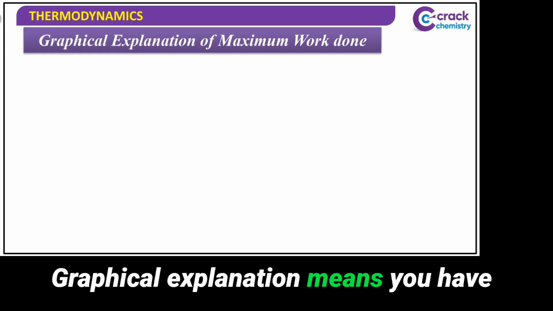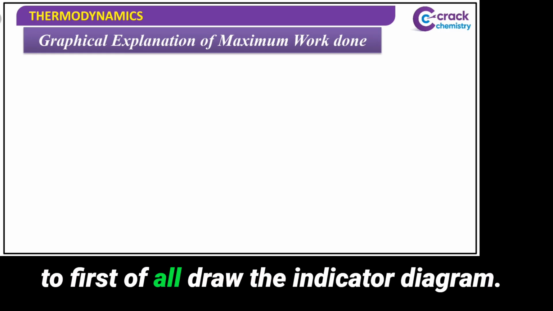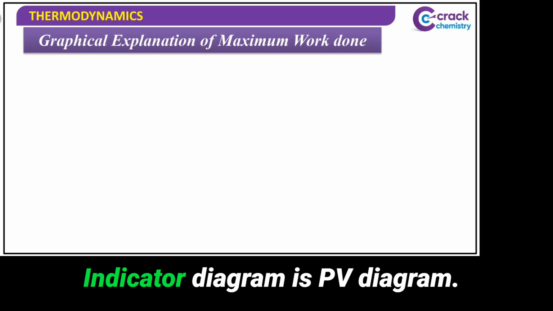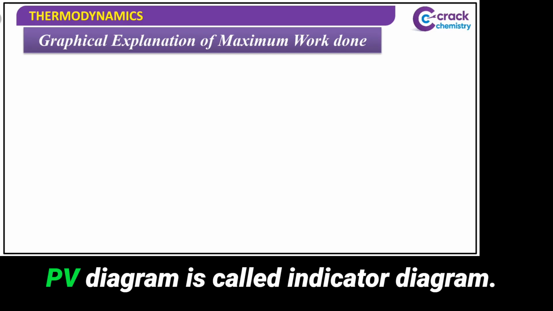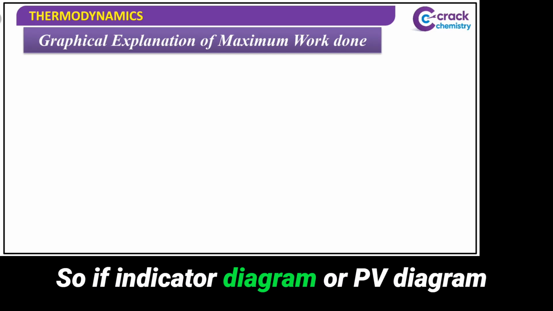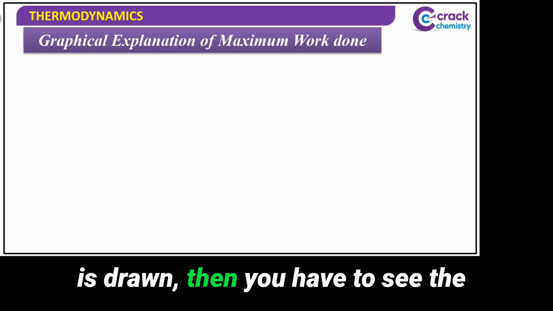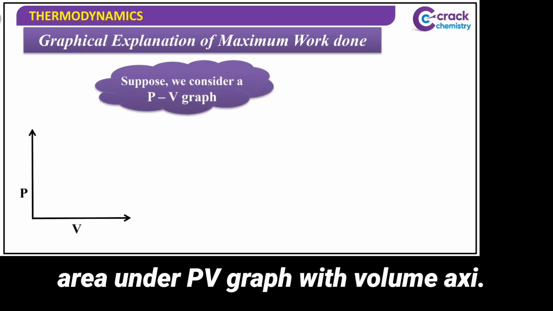Graphical explanation means you have to first of all draw the indicator diagram. What is an indicator diagram? A PV diagram is called an indicator diagram. So if the indicator diagram or PV diagram is drawn, then you have to see the area under the PV graph with the volume axis.